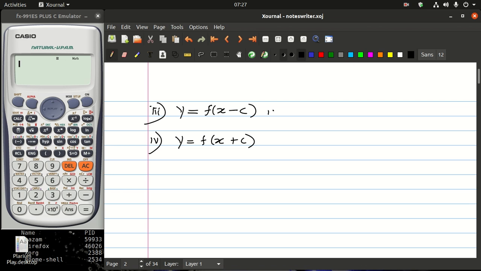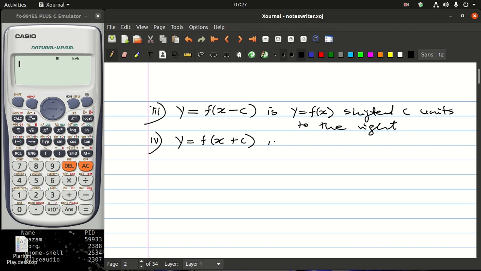This one here is saying y is equal to f of x shifted c units to the right.